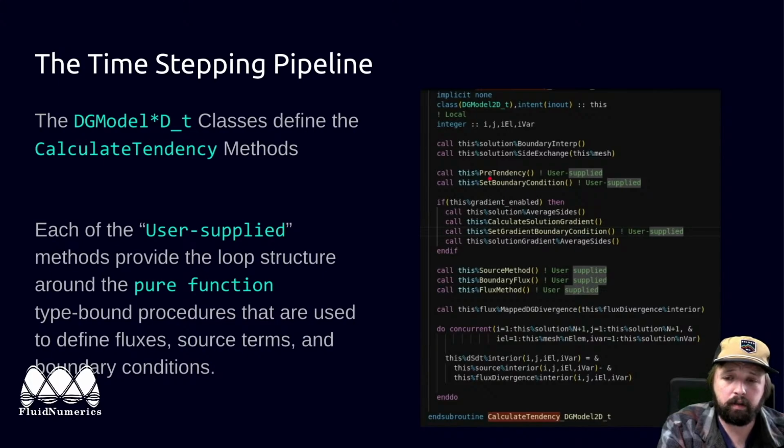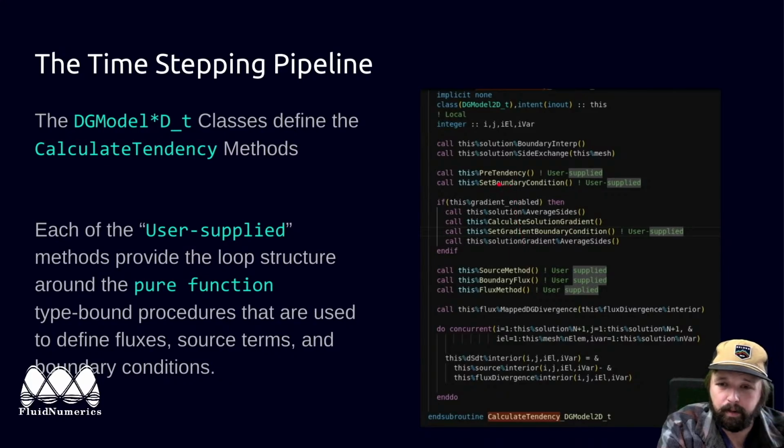But if you want to calculate parabolic fluxes, what you need are primitive variables. You need u, you need v, and you need to be able to go from conservative variables to primitive variables. Those additional things you ideally want to do in this pre-tendency method. And the intention here is that if you don't override it, it does nothing. But if you do override it, you can add additional calculations that you want to have happen further down in your pipeline.